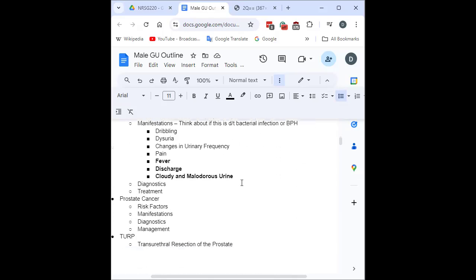Your prostatitis is going to be pretty much the same diagnostics. For your treatment, remember this is potentially an infection, so the one thing you might add is antibiotics and whatnot. Any questions on anything? Will you do a broad spectrum?